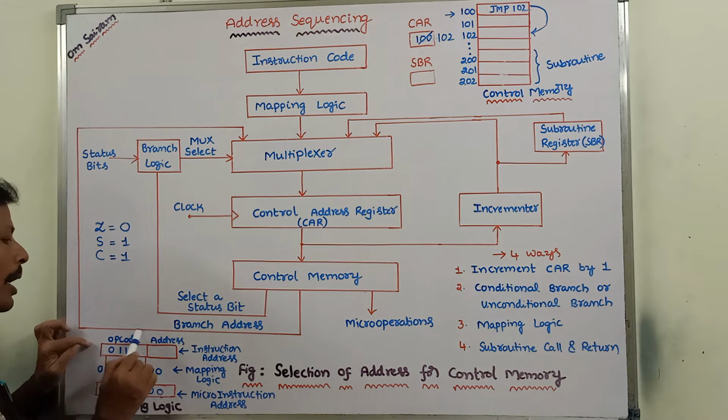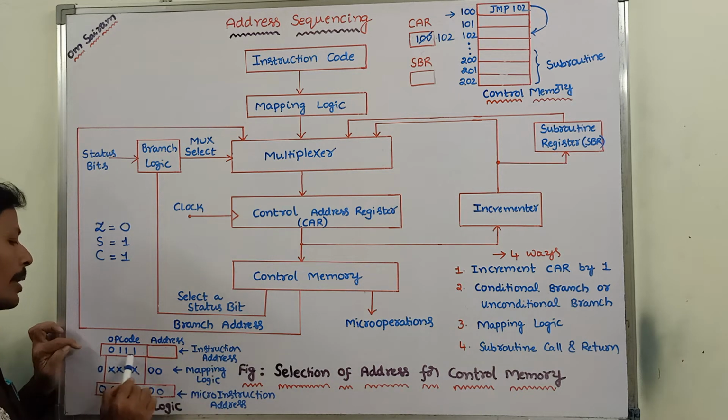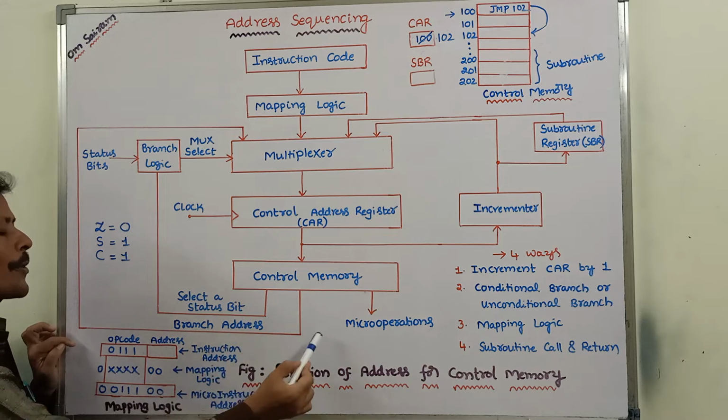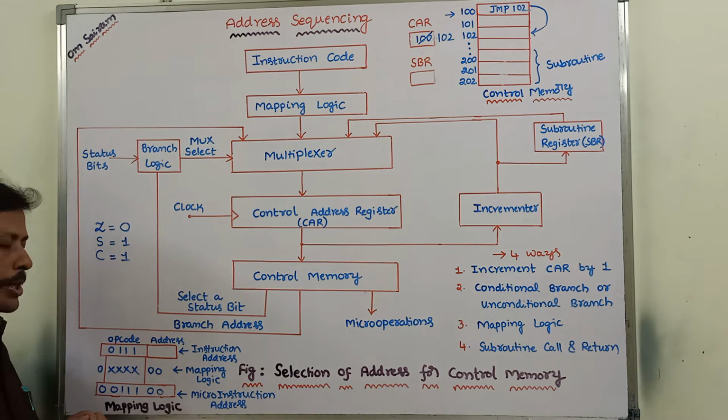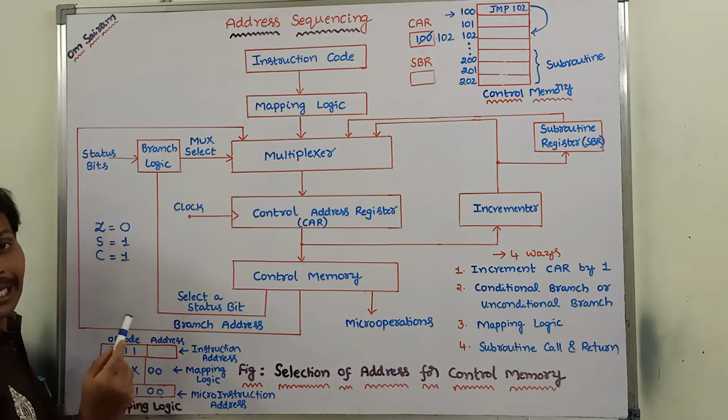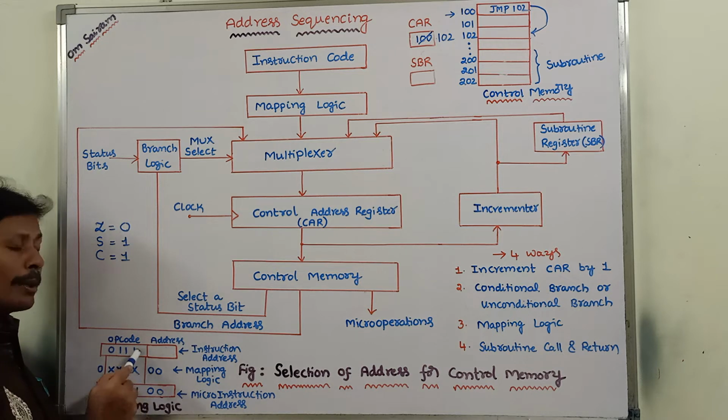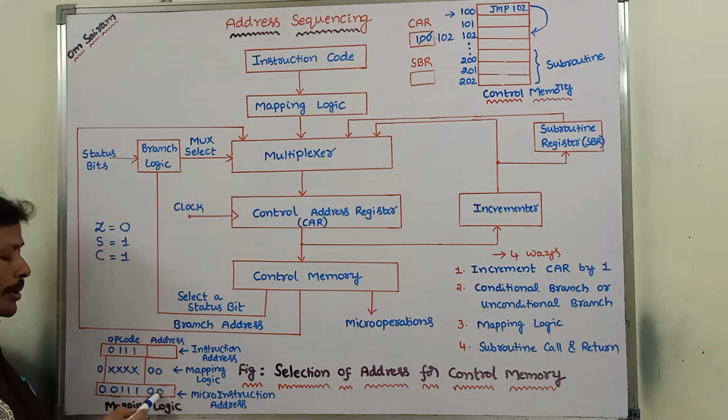This is the normal instruction format that consists of 16 bits. Here we have to apply the mapping logic: placing a 0 at the most significant position of the micro instruction address and clearing the 2 least significant bits of the control address register.